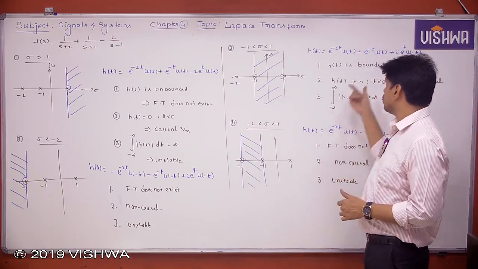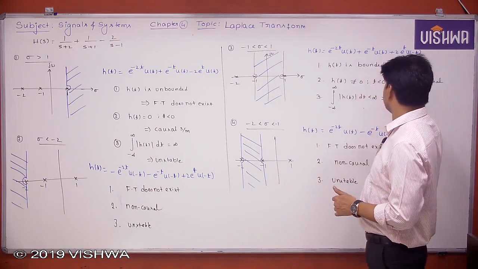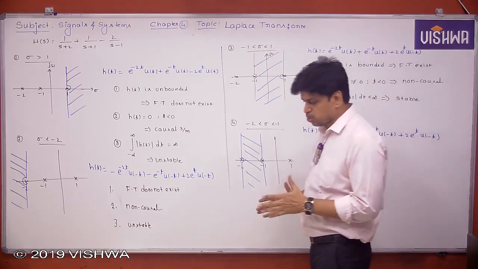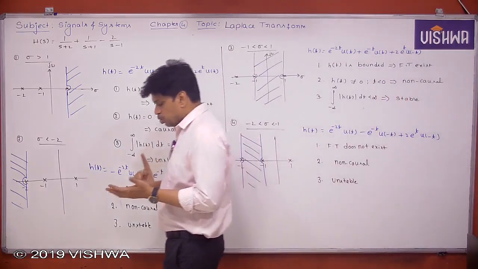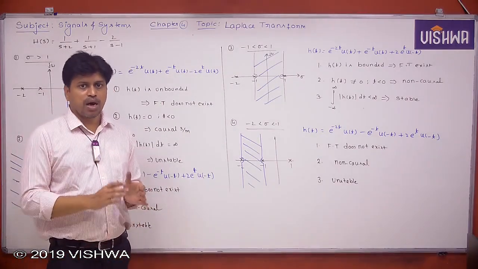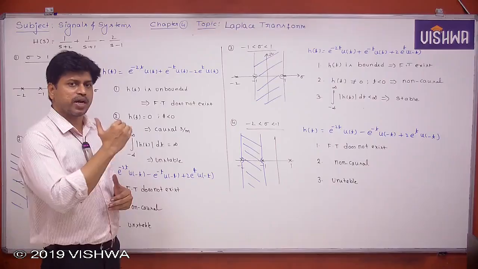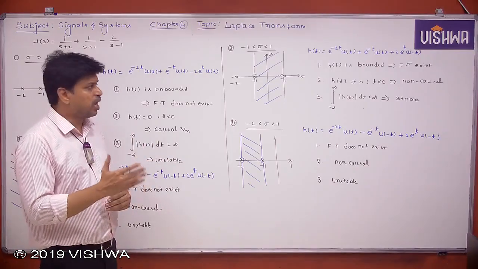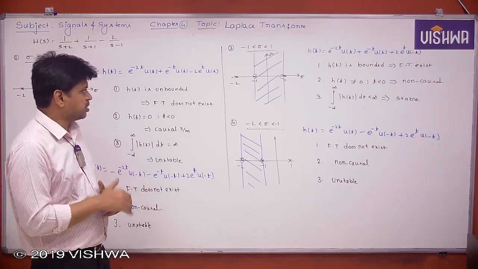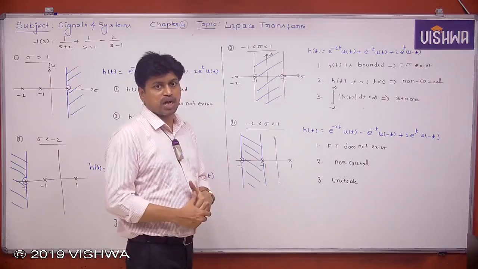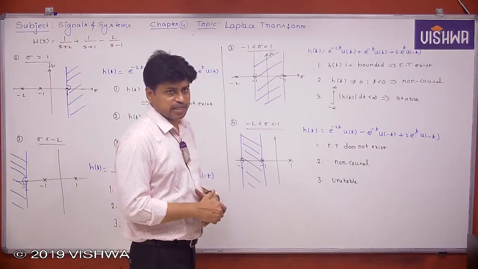So that's why we have a system that has a Fourier transform and is stable. So to say a system is causal, the ROC must be to the right of the rightmost pole. To say a system is stable or the Fourier transform exists, the ROC should include the j omega axis.